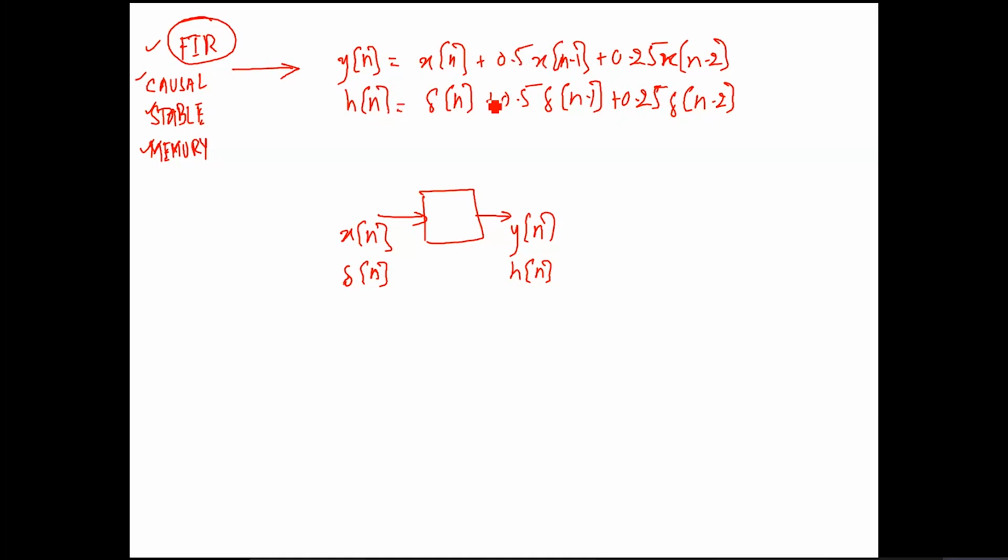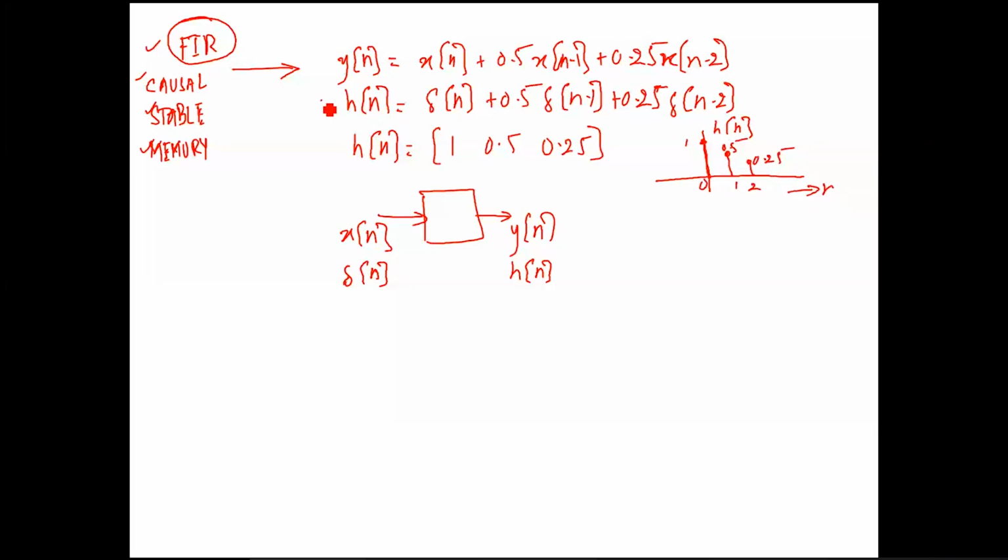From the difference equation directly, we got h of n, and either we can write it like this or we can write it like this: 1.5, 0.25, or we can just diagrammatically draw this h of n as 1.5 and 0.25, at 0, 1 and 2.